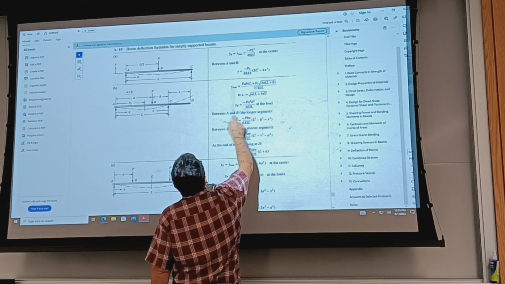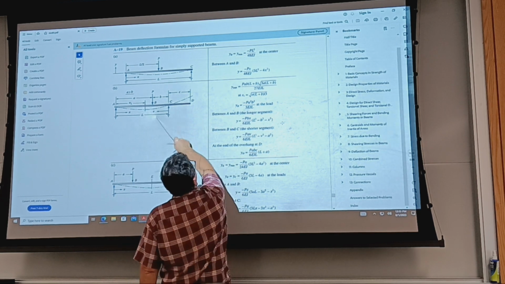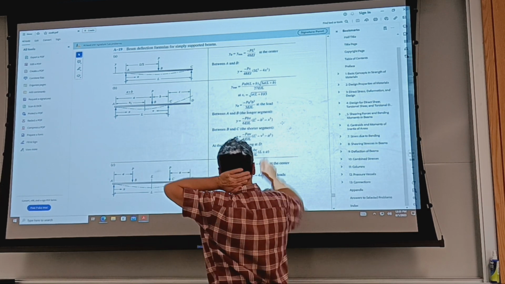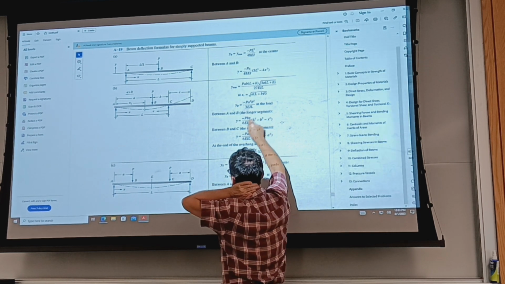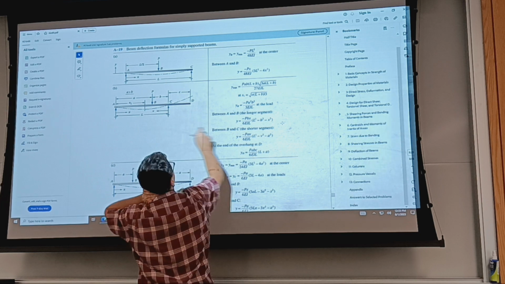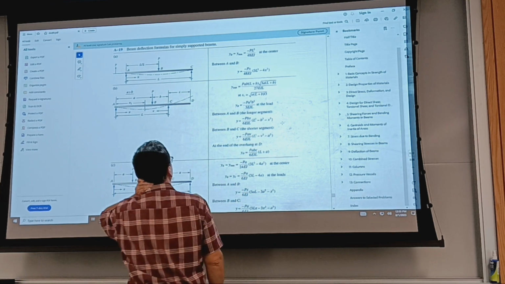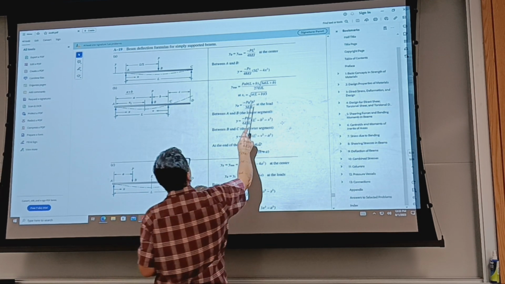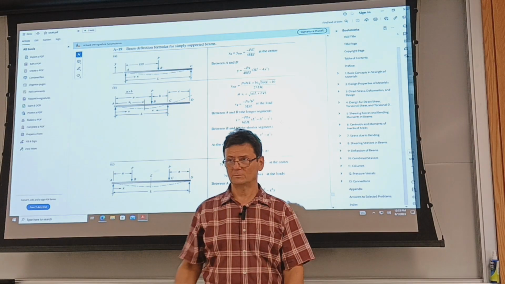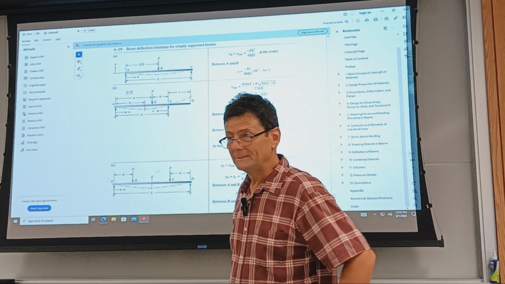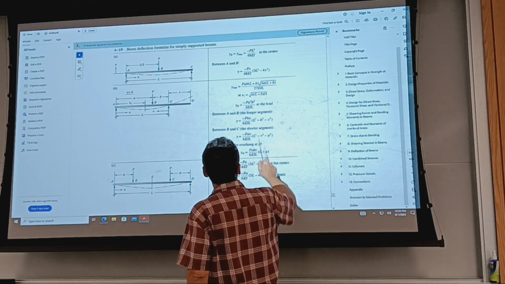So if you know P, a, and b, length L, and of course material and area moment of inertia, you can calculate the maximum deflection. It tells you where it happens, at x1. Deflection at the load can also be of concern, and you evaluate it with the other equation. Does it make sense?